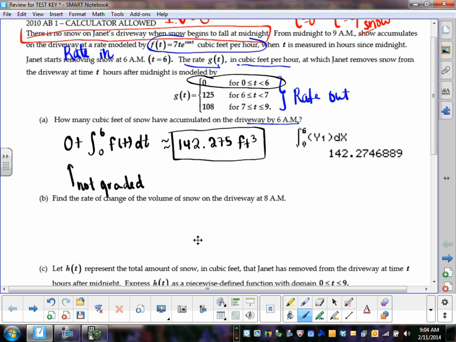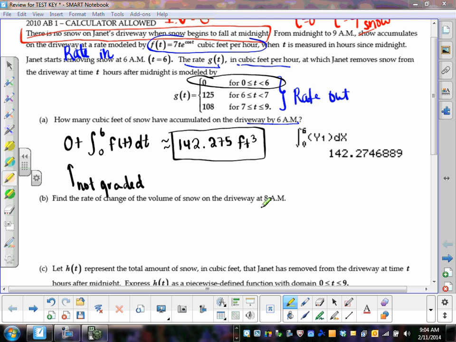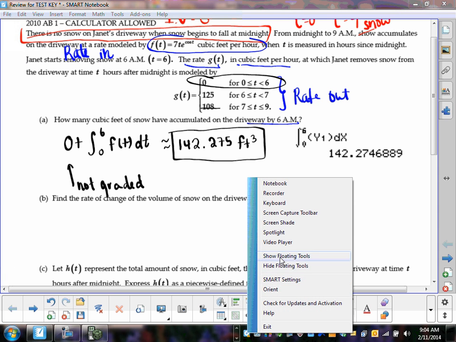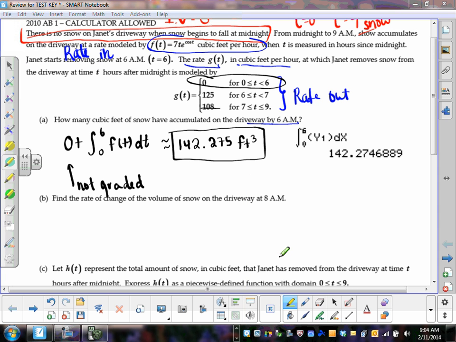The next part says find the rate of change of volume of the snow on the driveway at 8 a.m. Okay, so now we have to be careful on this part that we actually use the part of the g function that includes time 8. So from here, we want to make sure that we're using the 108.